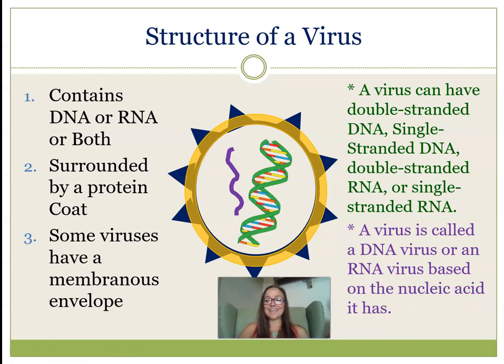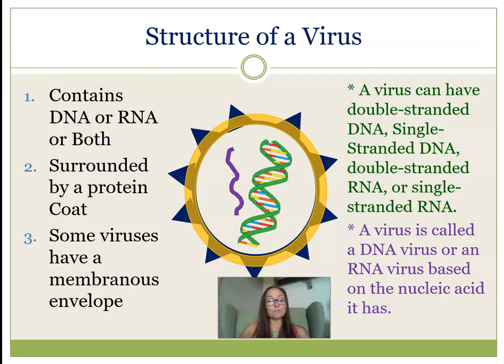A virus is called a DNA virus or an RNA virus, depending on the type of nucleic acid it has. I'm recording this right now during the time of COVID-19, and that is a coronavirus. That is an RNA virus.